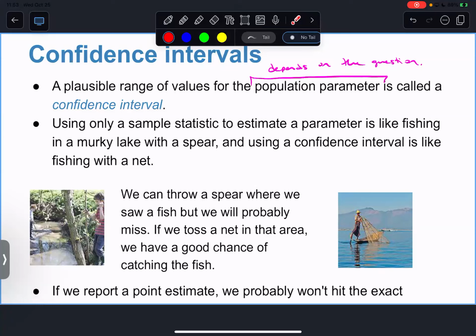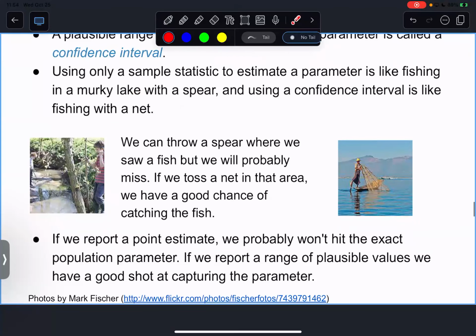The common example is using a sample statistic, your best guess, your point estimate, to estimate a parameter is like fishing in a murky lake with a spear, and using a confidence interval is like fishing with a net. You can't see anything, much like the population. We don't know what it is.